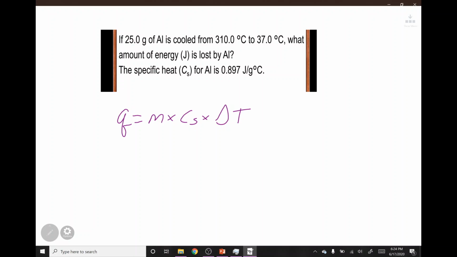They gave us an M equal to 35 grams. They told us T initial was, since it was cooled from 310 to 37, 310 degrees C. T final is equal to 37 degrees C. Sorry, that's not a 3, that's supposed to be a 7.